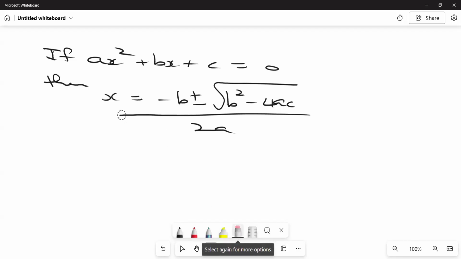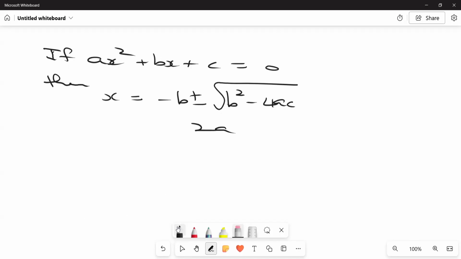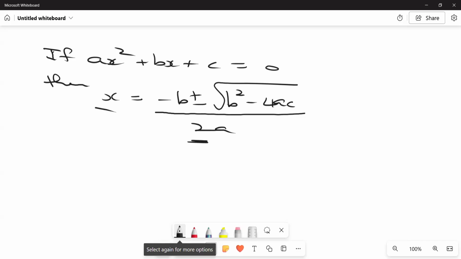So let's say you have this now. You're told that if you have an equation of the form ax squared plus bx plus c equals 0, then x is given by this formula here, right? Later on, you'll come to find out that this is actually the formula for solving what we call a quadratic equation. We'll get there.